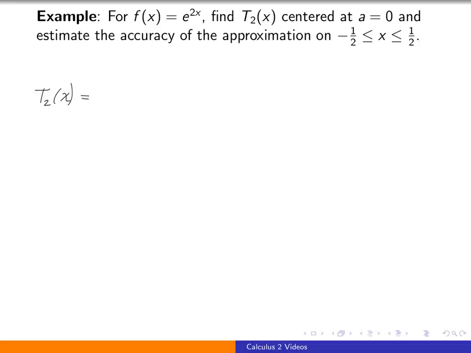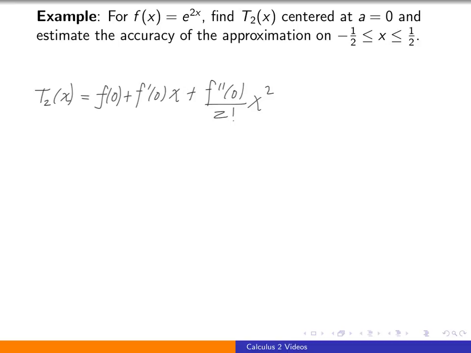This will be the Taylor series terms up through the second power, so those first three terms. f of 0 plus f prime of 0 times x plus f double prime of 0 over 2 factorial times x squared. So for the Taylor polynomial of degree 2, we need to determine three numbers: f of 0, f prime of 0, f double prime of 0.